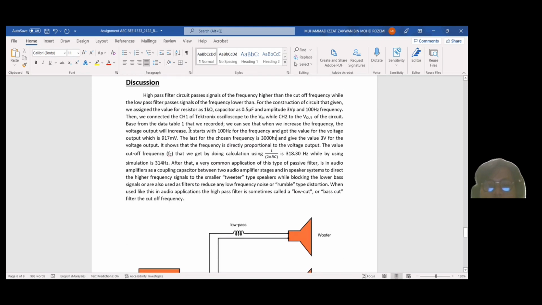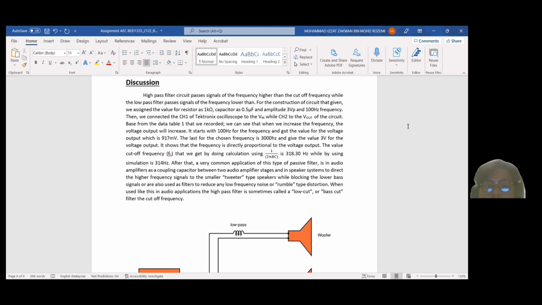Based on the data table 1 that we recorded, we can see that when we increase the frequency, the voltage output will increase. It starts with 100 Hz for the frequency, and we got the value for the voltage output, which is 917 millivolt.